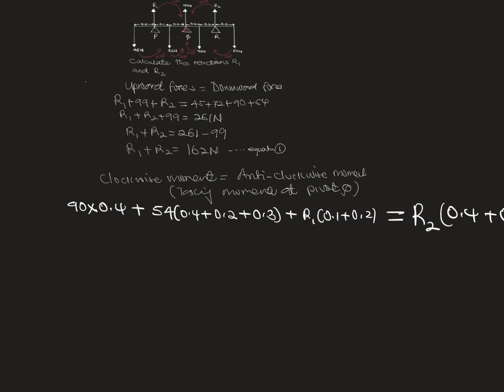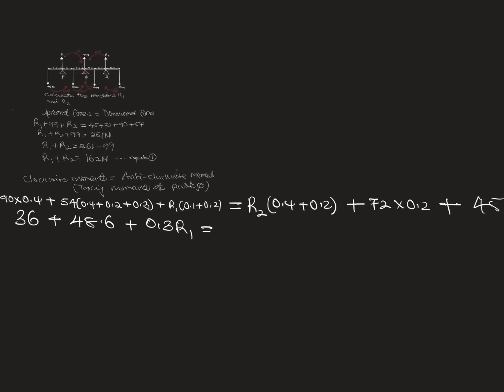Okay, so let's simplify. 90 multiplied by 0.4 is 36, plus 54 multiplied by 0.4 plus 0.2 plus 0.3, which gives 48.6, plus 0.1 plus 0.2 is 0.3, so we'll have 0.3 R1.